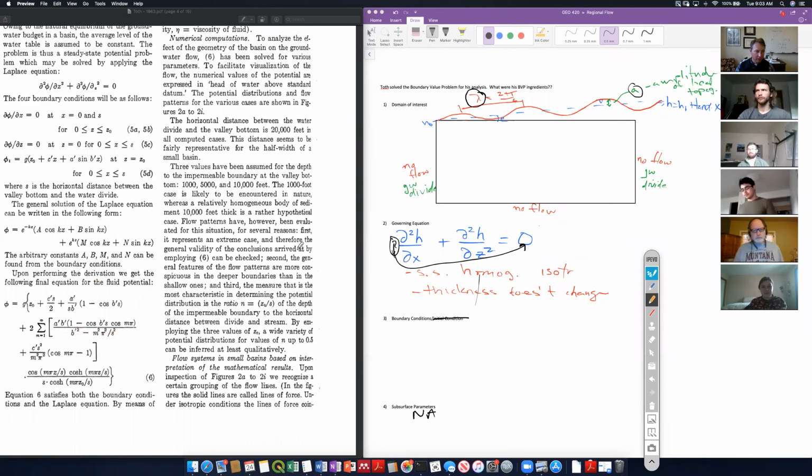By analytical solution, we mean it is a function that gives us the head at any location. So for any x and any z, we can determine the value of head.